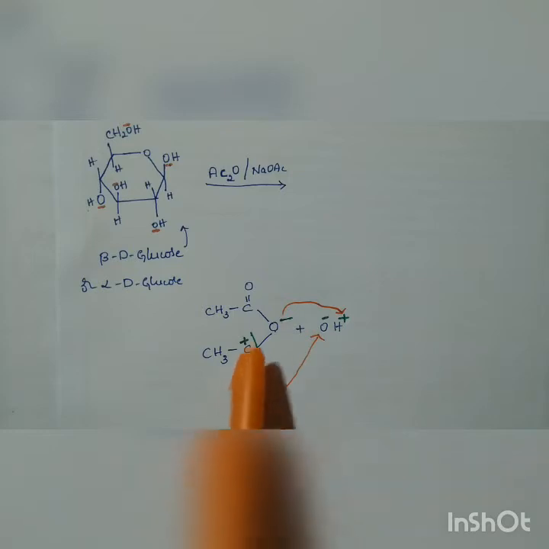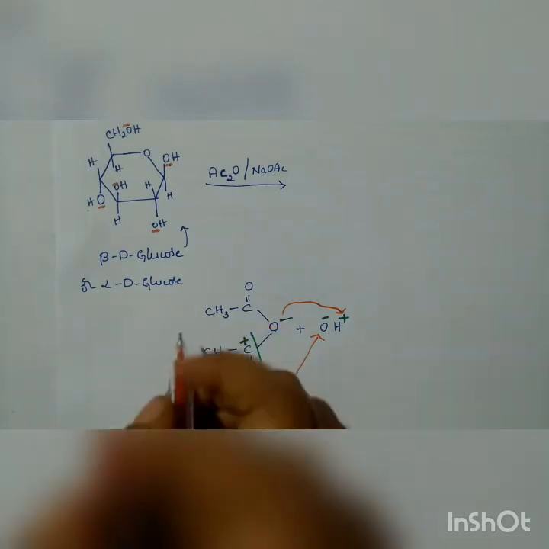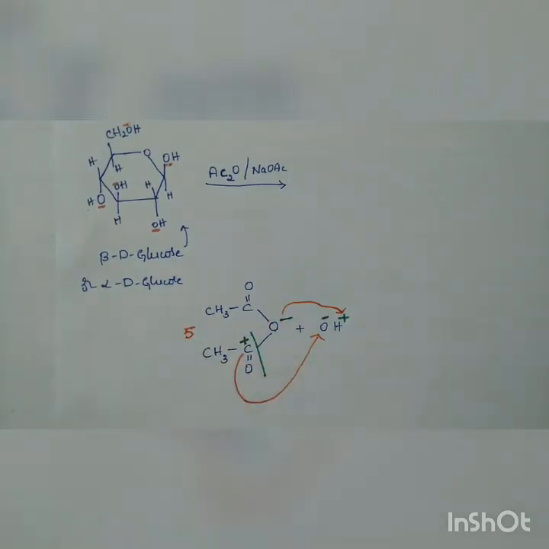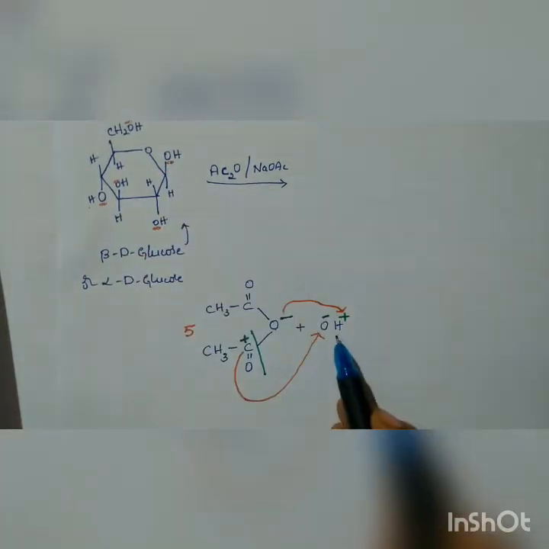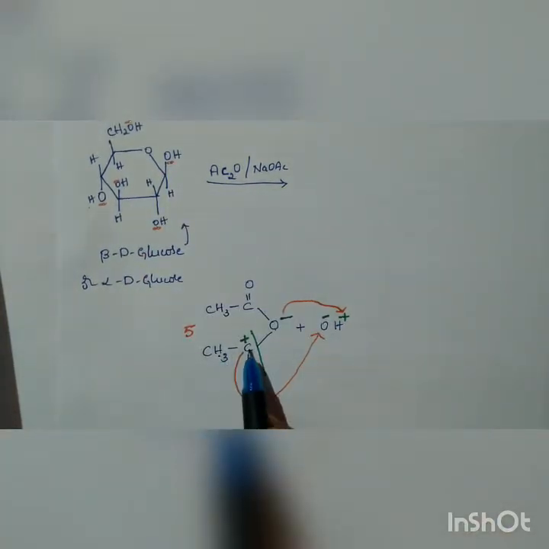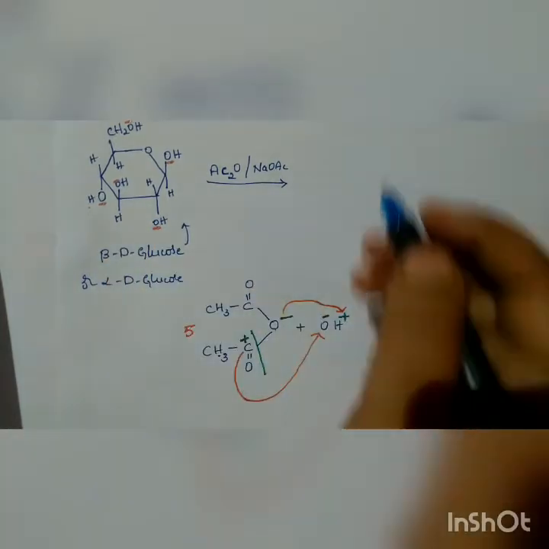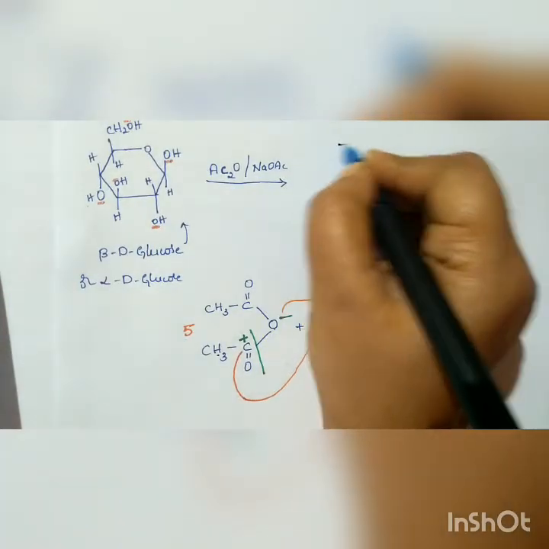Likewise, we take 5 acetic anhydride groups, and wherever OH is there, in place of H plus, CH3C double bond O plus will form a bond. So the product we are going to get is as follows.